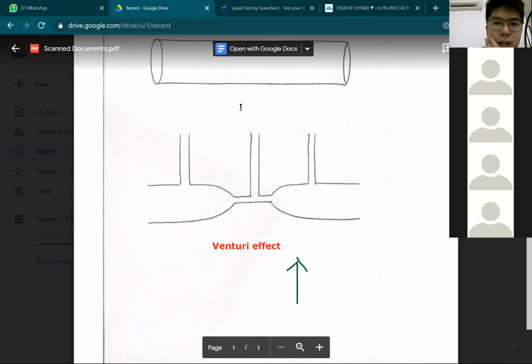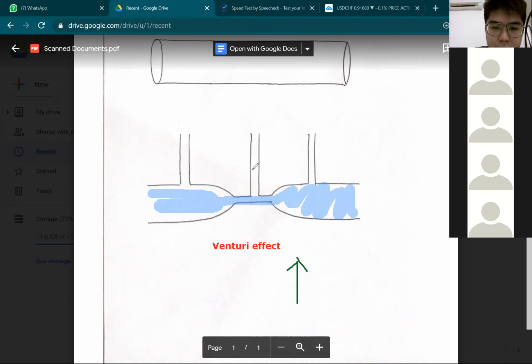Now, when water flows inside this tube, it flows right here, and here it will speed up, and then it will slow back down. So the middle has the highest velocity. Higher velocity, lower pressure, correct?